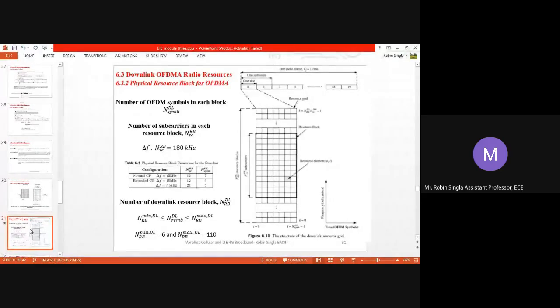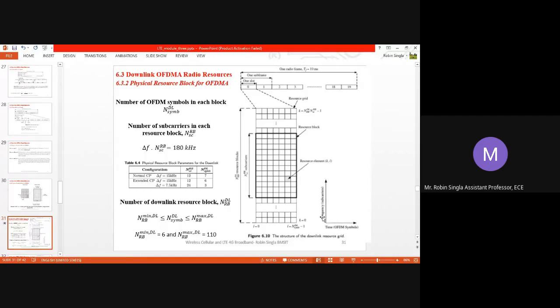Now we see how we can define the total number of resource blocks and resource elements. We will start with the smallest unit. This picture is from your textbook. It is almost the same picture, but instead of numbers, we have defined the actual values which can be there.